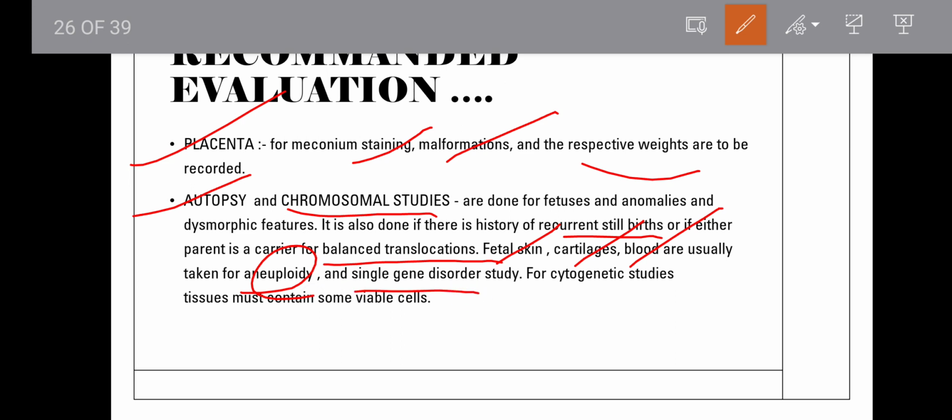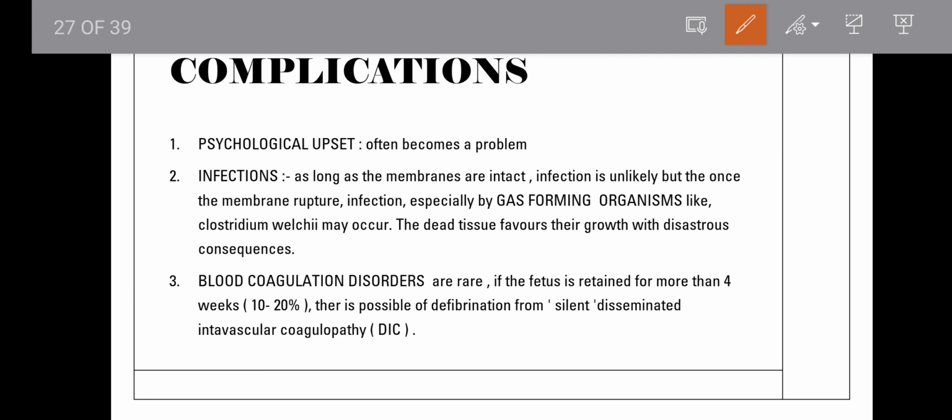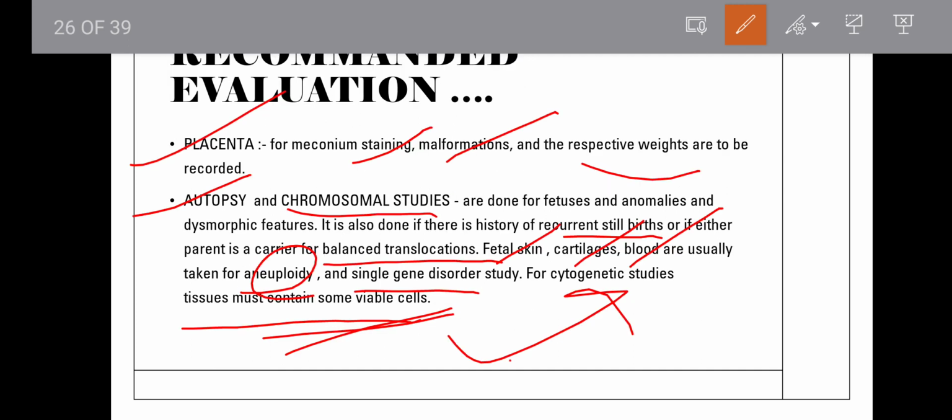For cytogenetic study, the tissue must contain some viable cells. If there is no viable cell, no cytogenetic study can be done. So this completes the diagnosis and evaluation for intrauterine fetal death.